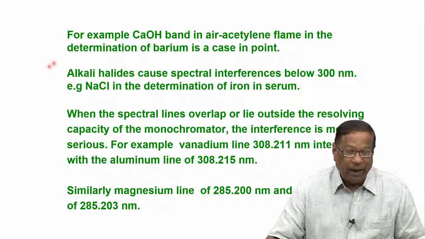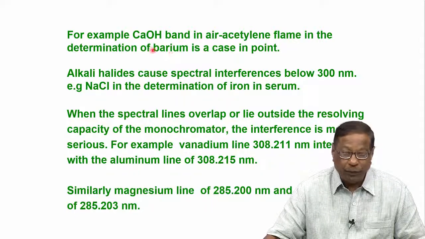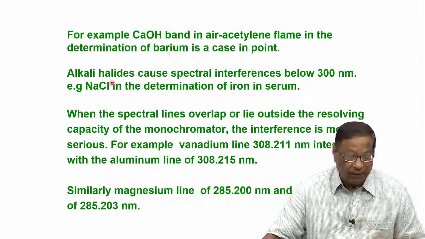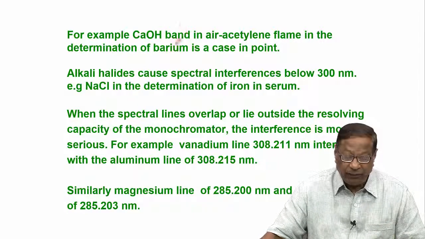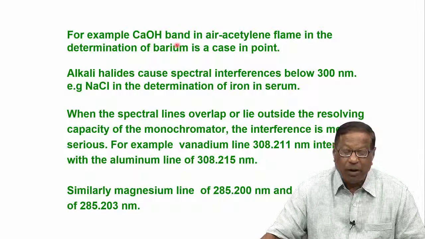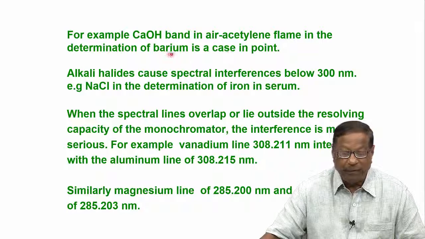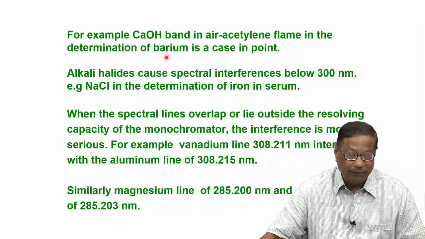Now, I am giving you a situation where barium is to be determined and the CaOH band is there in the air acetylene flame. So, this causes spectral interference because part of the band absorption spectrum of CaOH encompasses the barium resonance line, it totally occupies.